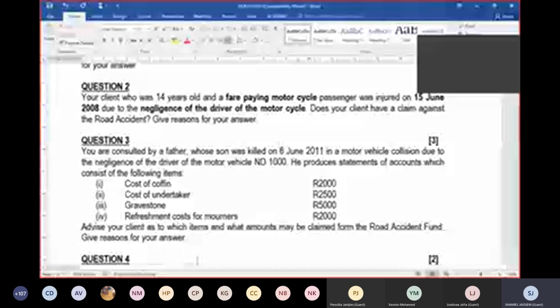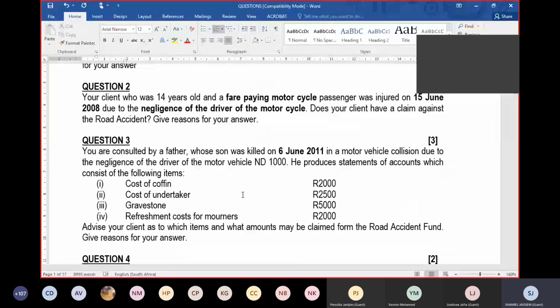So what did I say? In the exam, highlight the date of accident. So on the 6th of June, so this is the new act. In a motor vehicle collision, due to the negligence of the driver of the motor vehicle, and they give us the registration number, the father produced statements of accounts which consist of the following items, and there are 4 items together with the costs.